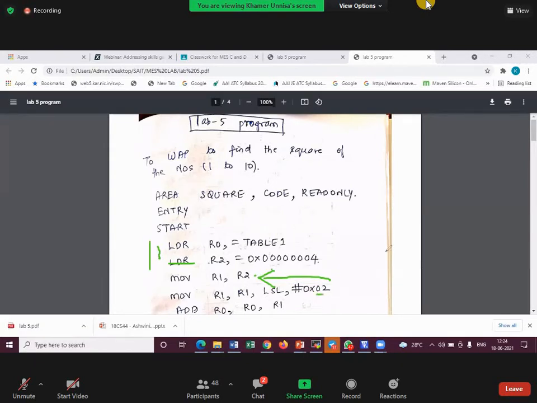I know my number is 100, this is my number 4. Now I want to shift it twice. So this 1 should come here, 1 and 2. It should jump twice. So my 1 will come here.